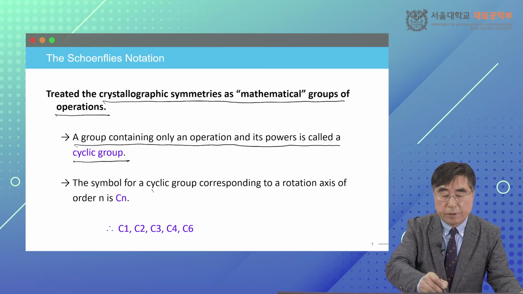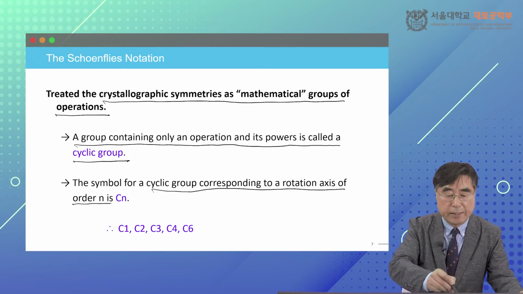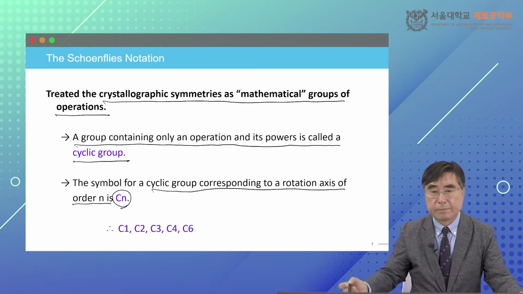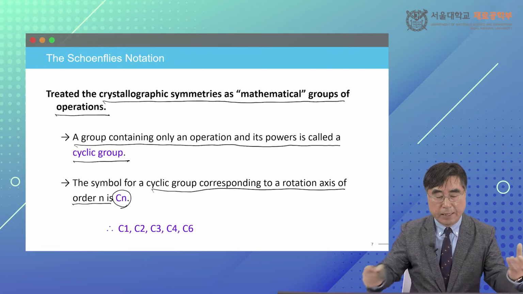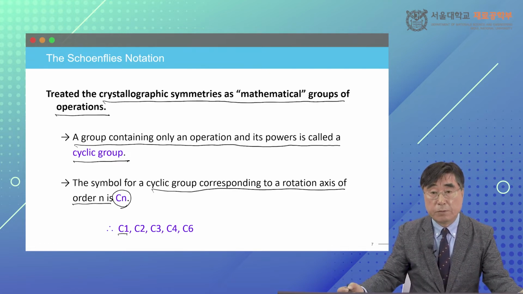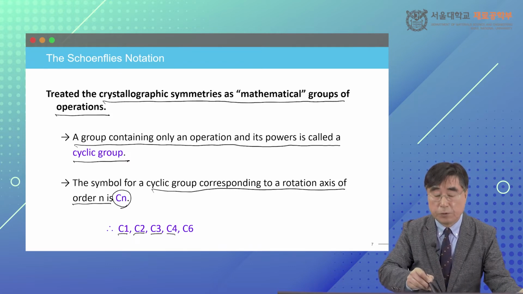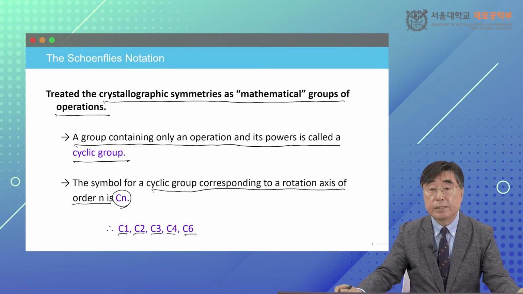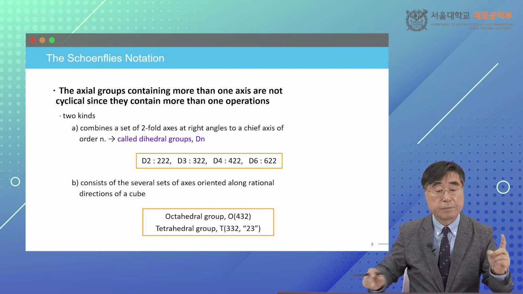And the symbol for a cyclic group corresponding to a rotation axis of order n is Cn. So this is a cyclic operation, rotation operation of n-fold. So C1 is just one-fold operation, C2 is two-fold operation, C3 is three-fold, C4 is four-fold, and C6 is six-fold operation, just a single rotation operation.